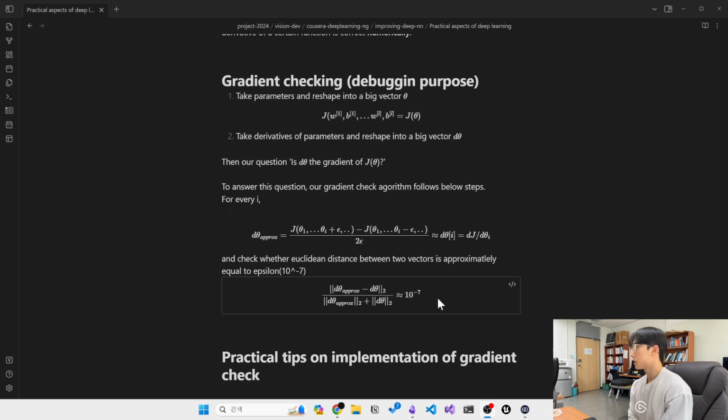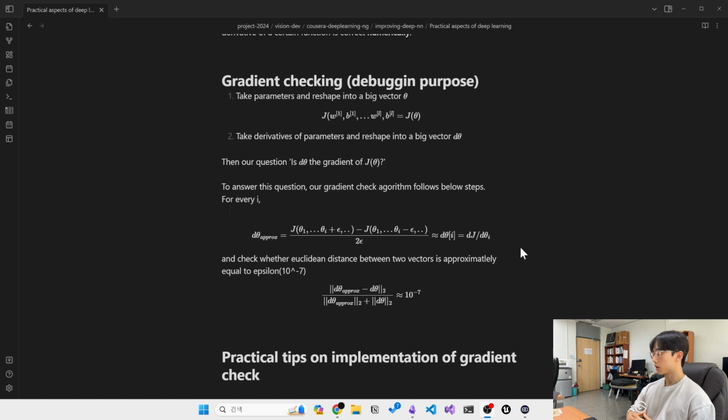Today, what I learned is about gradient checking. Because it is quite difficult to calculate every gradient for every step of backpropagation, instead of calculating the exact gradient, we can take an approximation.